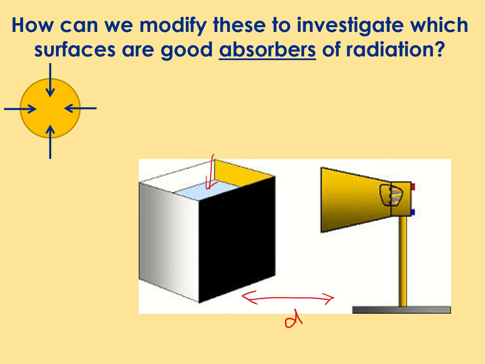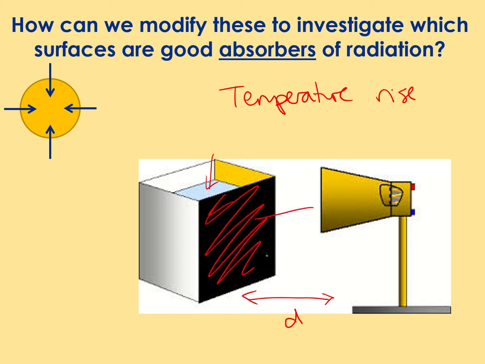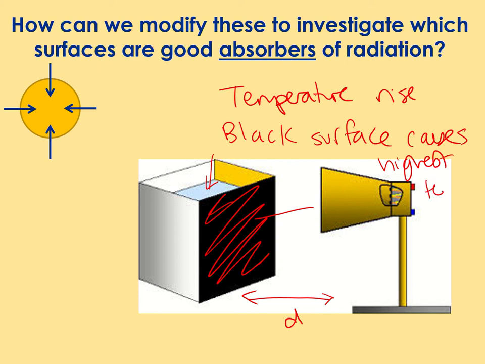What you would then need to do is measure the temperature rise when shining at the black surface. Then you would need to repeat that, but shine it at the silver surface, shine it at a white surface, etc. And what we would expect is that the black surface causes the highest temperature rise.